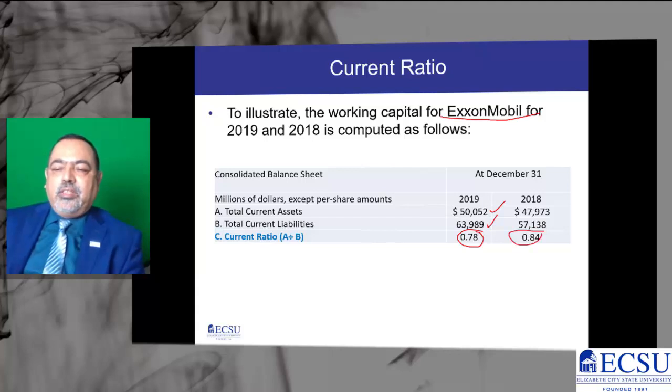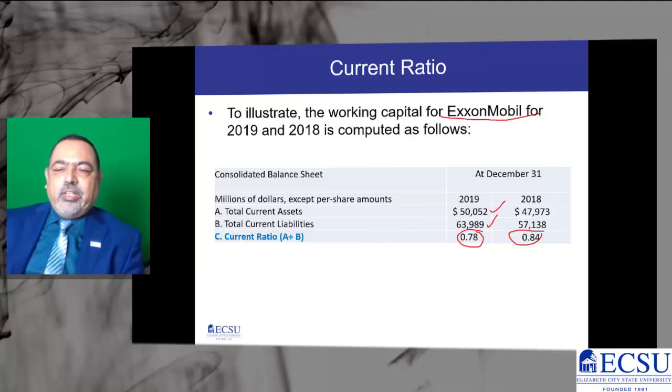Considering the rule of thumb, the company is not doing very well in that respect. It is below 1. The conservative estimate is 2. Some people tolerate up to 1, but it is below 1, so they need to do something about this.